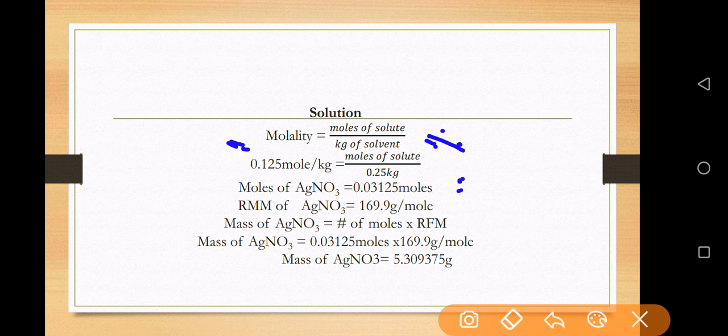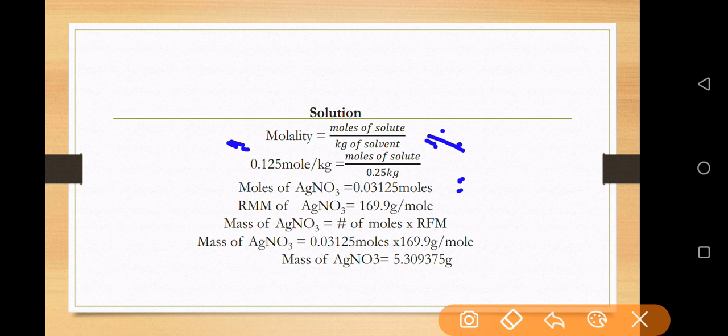169.9 gram. Having known that, we can then calculate the mass of solute. The formula we are to use is about number of moles. We all know that number of moles is equal to mass given over relative formula mass.